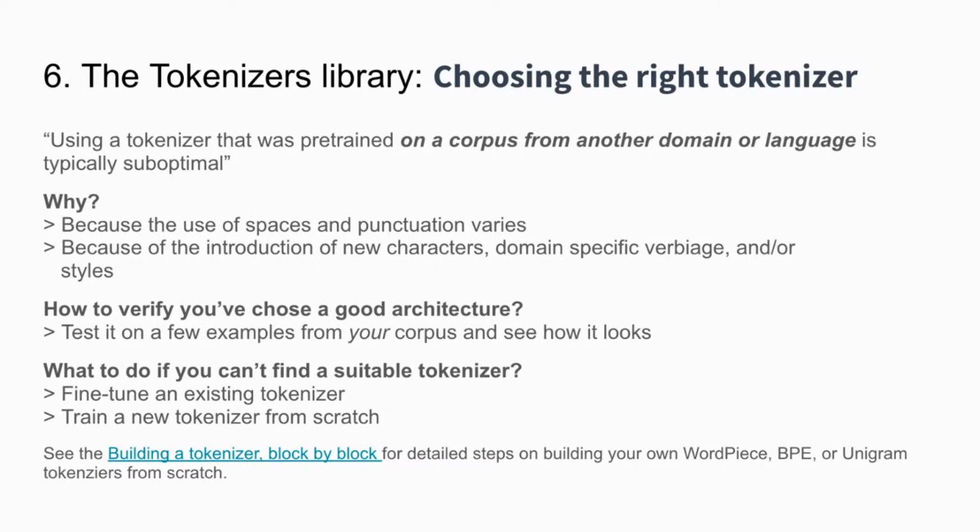And you can even think about it within a language. If you're trying to create, let's say, a sequence classification model, and you're using a pre-trained architecture that was trained on, let's say, survey comments, and then you try to apply that to another corpus that is basically composed of tweets and retweets, it's probably not going to do as good of a job as if you had a tokenizer that knew how to handle the @ symbol and the hashtags.